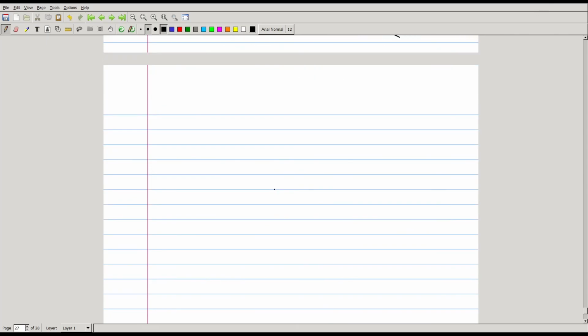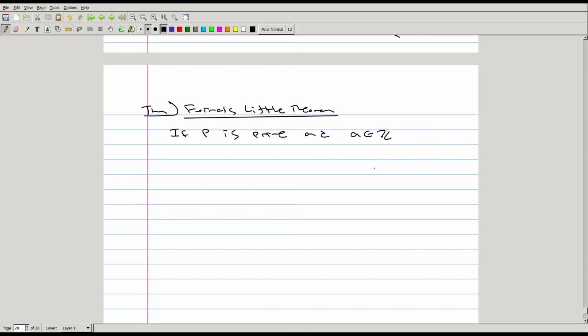So Fermat's little theorem says that if p is prime and a is an integer not divisible by p, then a to the p minus 1 is congruent to 1 mod p.